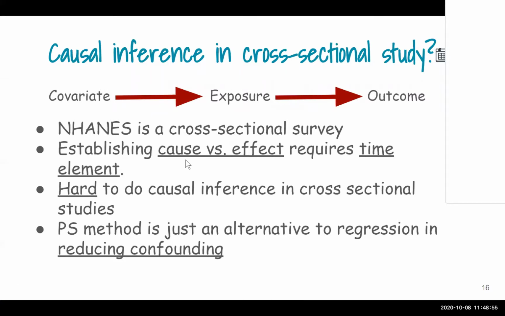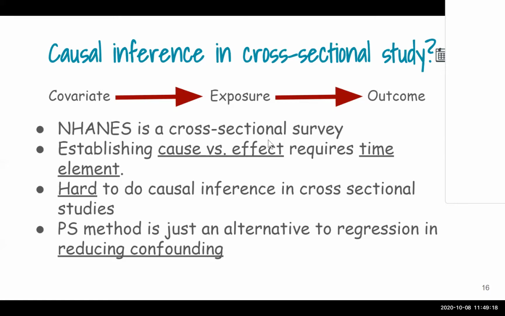All right, so this is something that we have already covered earlier: the origin of the propensity score model is causal inference. But that does not mean that just because you do a propensity score, your analysis will have a causal interpretation. Causal interpretation is difficult, and particularly from a cross-sectional study, it is even more difficult.